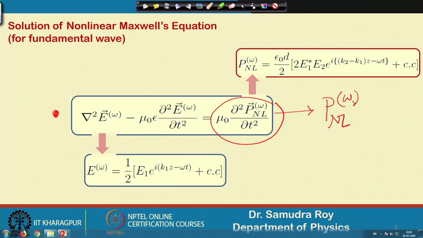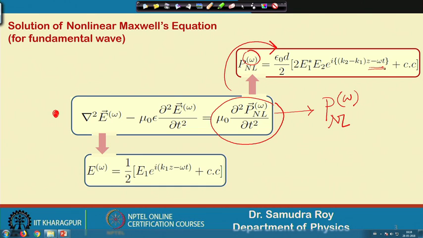Now, the explicit form of P nonlinear omega is represented here, which we also derived in our last class. You should note that in P nonlinear omega, the frequency component is written in the suffix. If you calculate that, which we did in the previous class, the frequency component here, you can see, is omega.